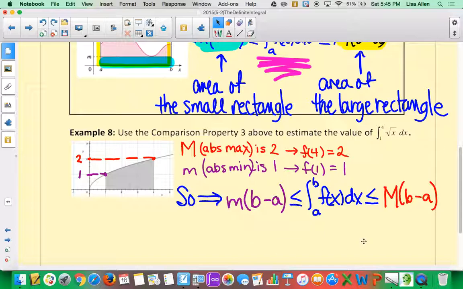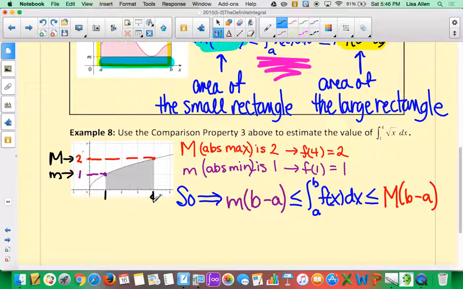So you look at the graph and you say, okay, the maximum value is 2, so uppercase M is 2 at the top of the graph, so you may want to stop your video and mark this. And the lowercase m, or the minimum value on the interval from 1 to 4, is 1.